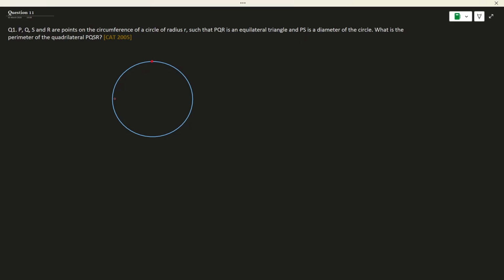PS is a diameter, so P and S will lie exactly opposite to each other. This is, suppose, the center.